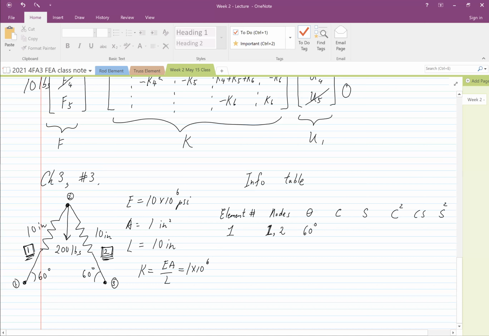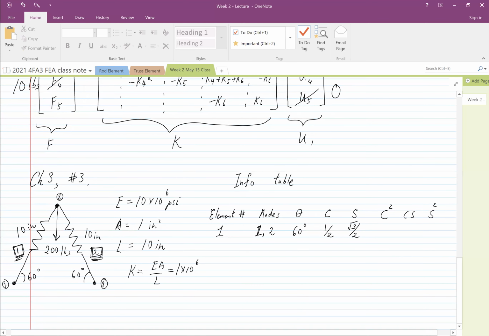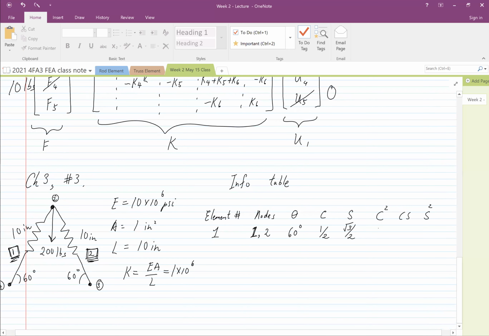The cosine of 60 degrees is a half. Sine of 60 degrees is √3 over 2. So therefore, C squared is 1 over 4. CS is 1/2. And S squared is 3 over 4. Do you have any questions so far?